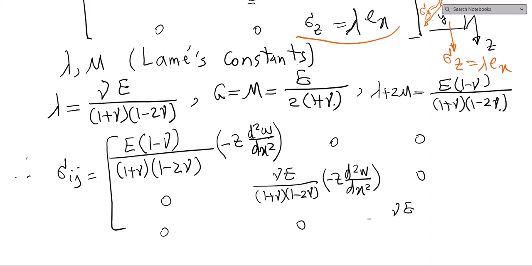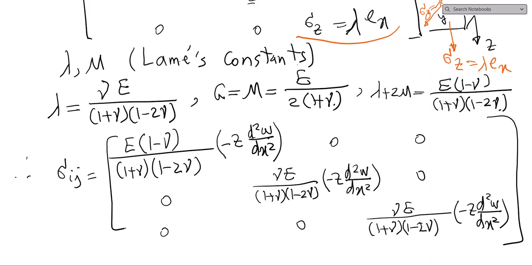These two are the same because the only term that survives from epsilon kk is epsilon x. Epsilon y and epsilon z are 0. You see how simplified the calculation is based on the Euler-Bernoulli assumptions.